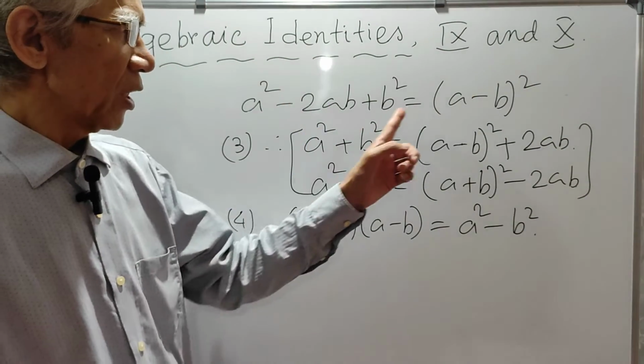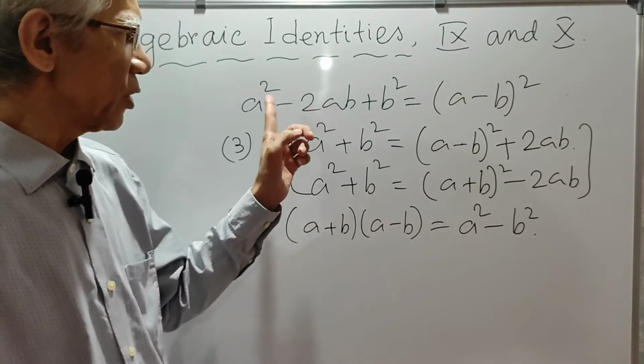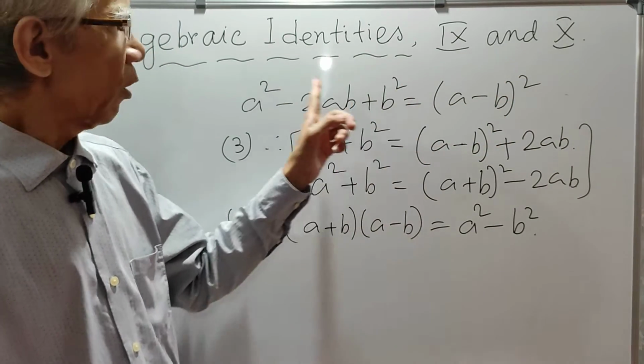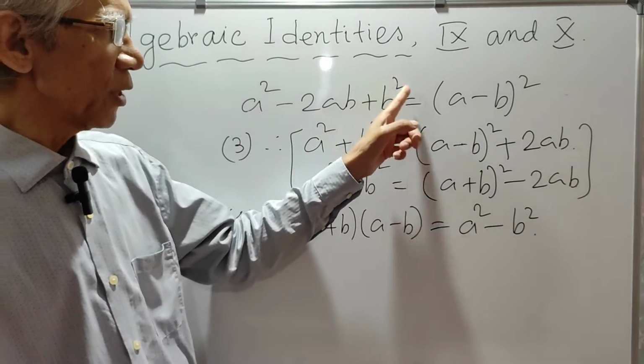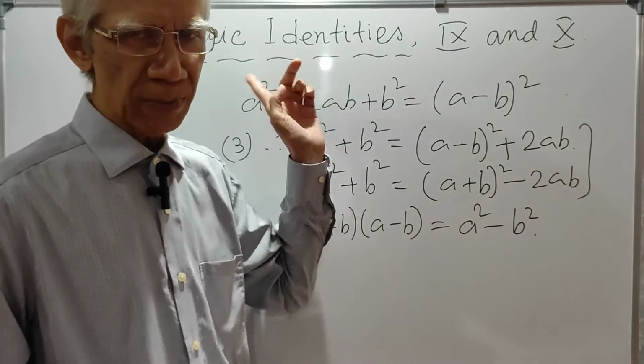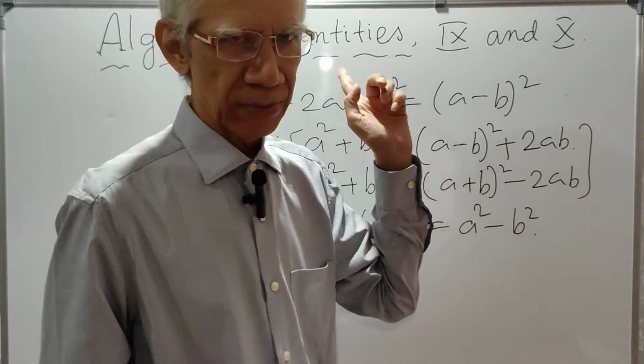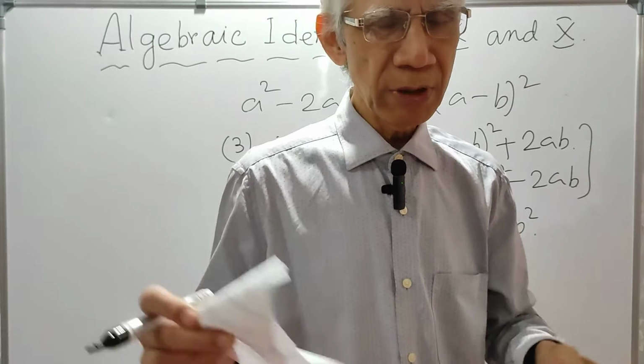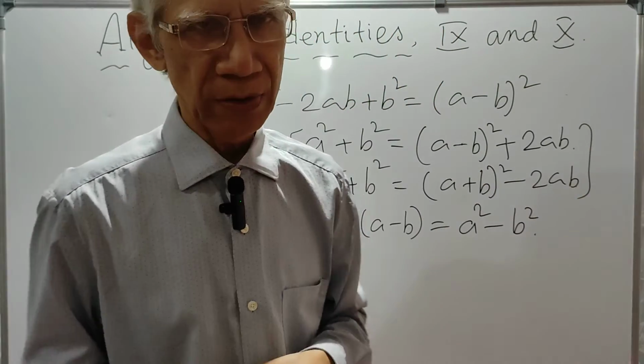That means A minus B whole square equal to A square minus 2AB plus B square, or A square minus 2AB plus B square equal to A minus B whole square, from left to right or from right to left. So you have to remember the identities from both sides.